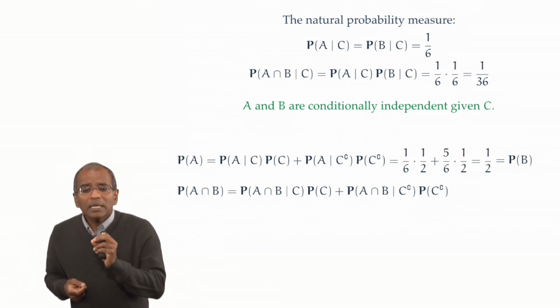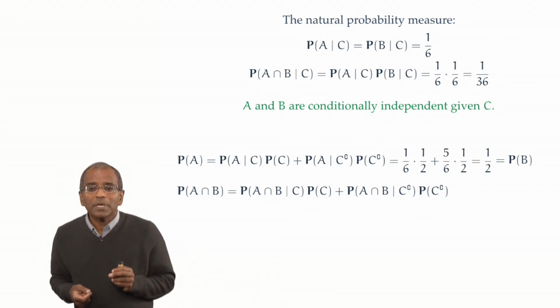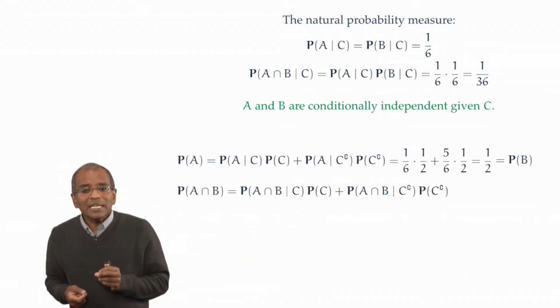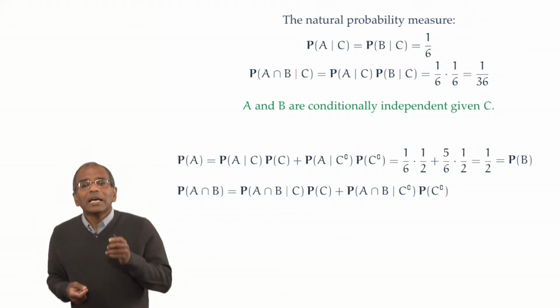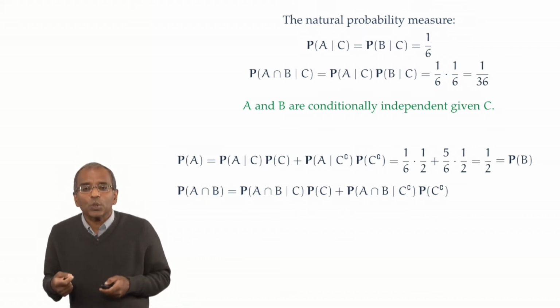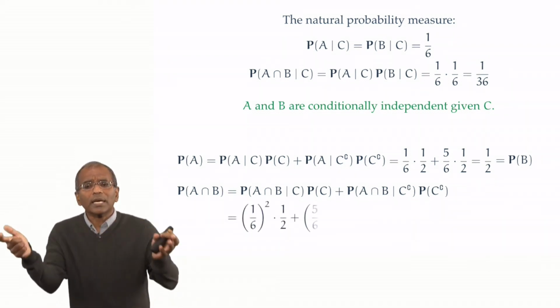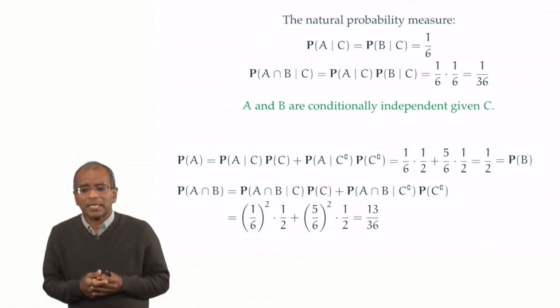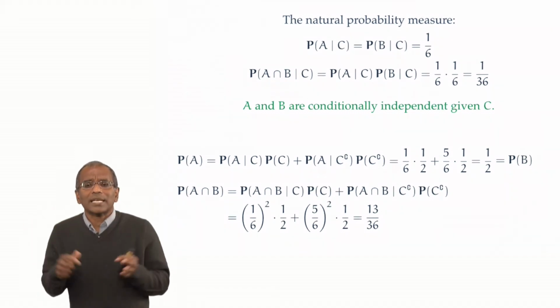Remember that A and B are conditionally independent given C or given C complement. Given C, A and B have a chance of 1 in 36. Given C complement, A and B have a chance of 5 squared over 6 squared or 25 over 36. Assemble it. Put it all together and we've got a simple identity. Simplify it, massage the numbers, and we get 13 over 36.